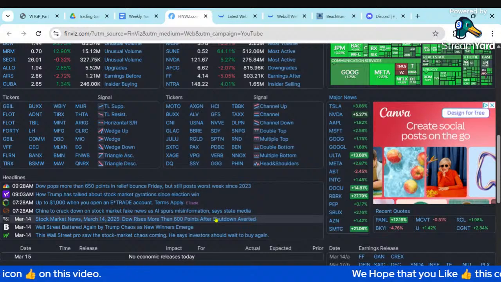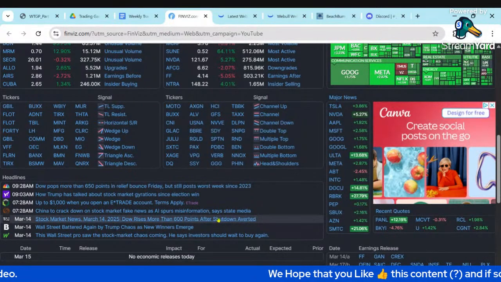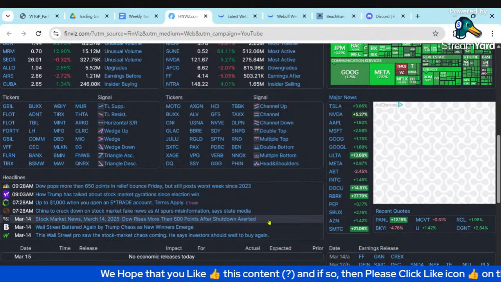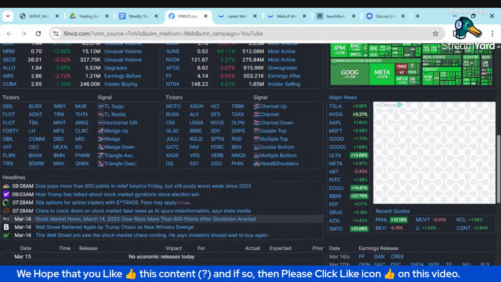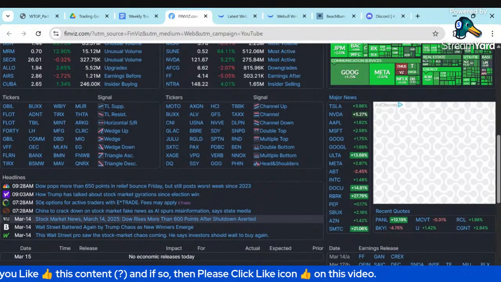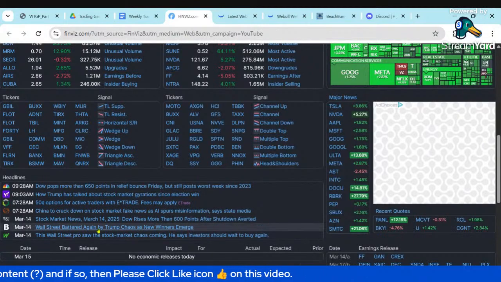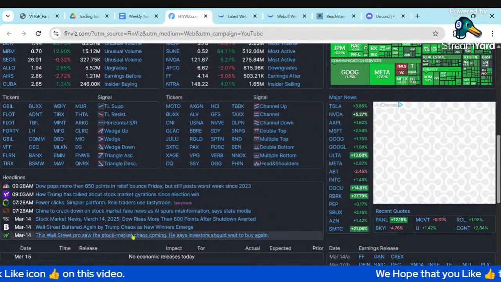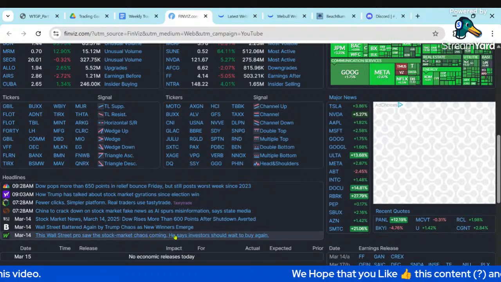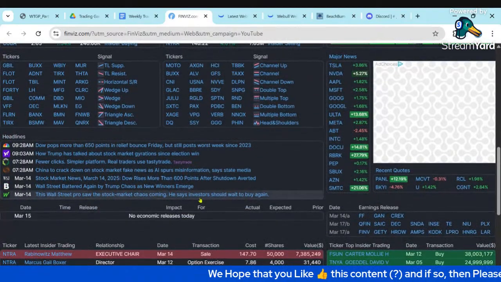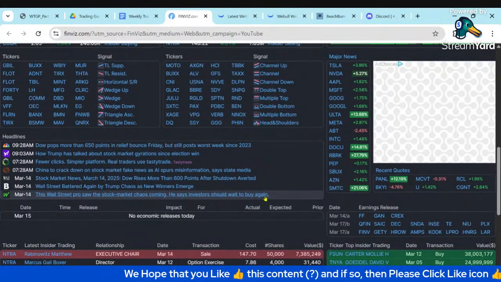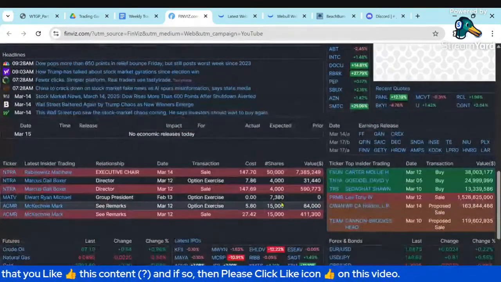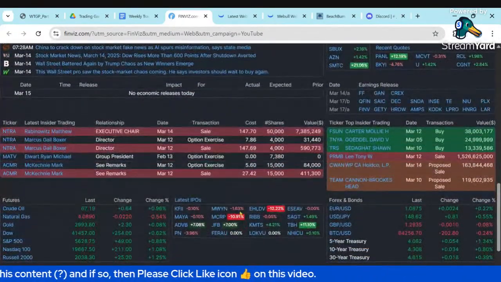Dow rises after shutdown averted, so some of the positive bounce was due to the aversion of the government shutdown. Don't have to worry about that now until September. Wall Street battered by Trump chaos. Market chaos coming. But he says investors should wait to buy again. So again, we'll see if we get follow through or if this was just a one-day relief rally.